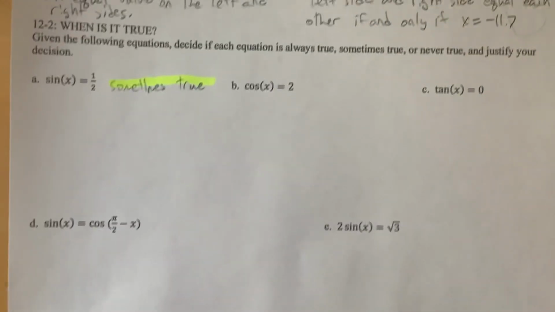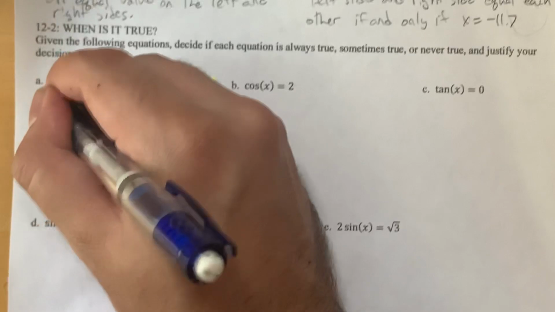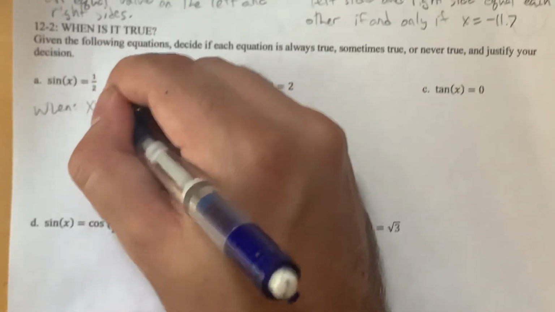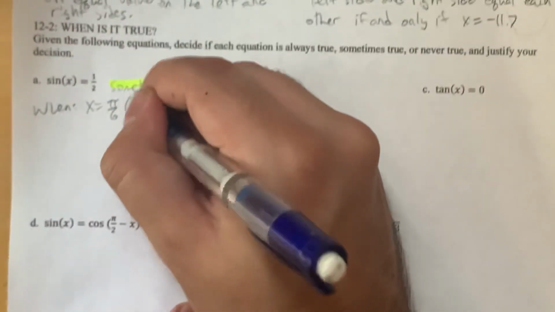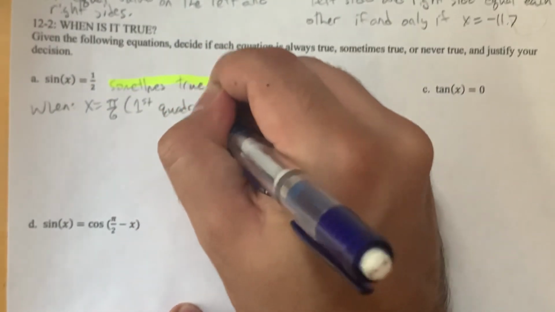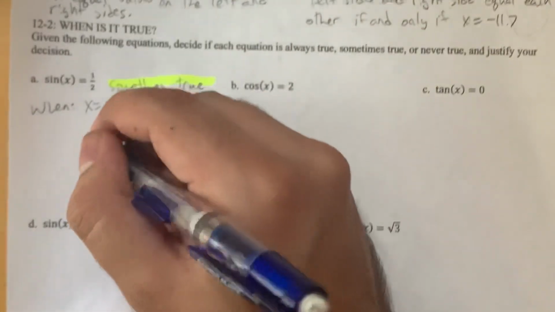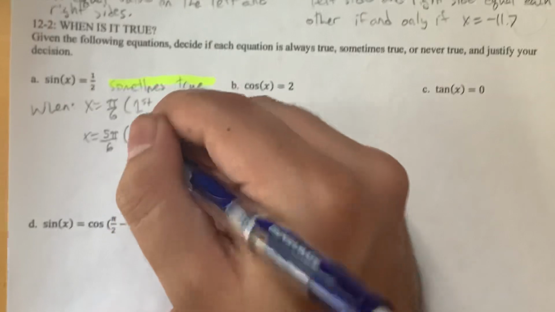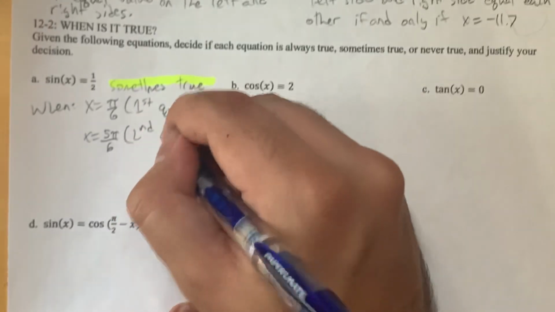There we go. And now I have to state when x equals pi over 6, which is in the first quadrant, and x equals 5 pi over 6, which is in the second quadrant.